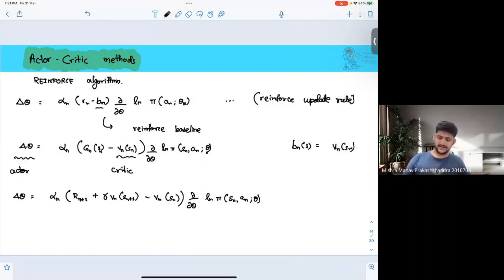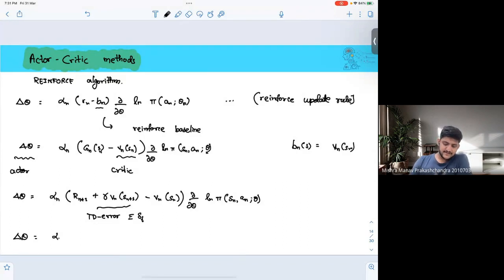And turns out this is nothing but the TD error, right? This quantity inside the bracket is the TD error, which is also defined by this quantity. Finally, my reinforced baseline looks as follows.